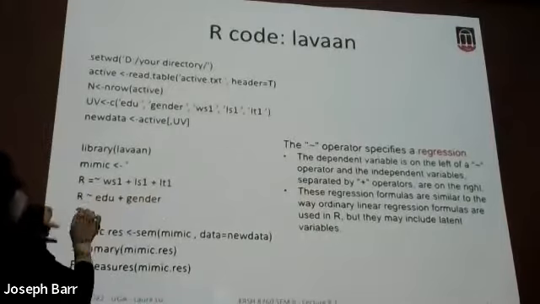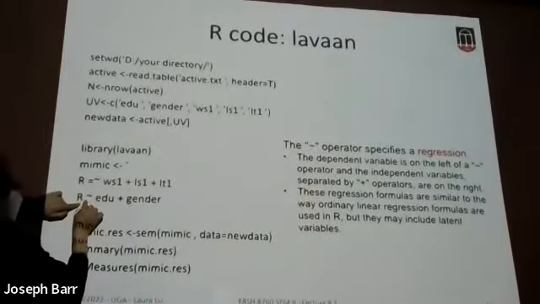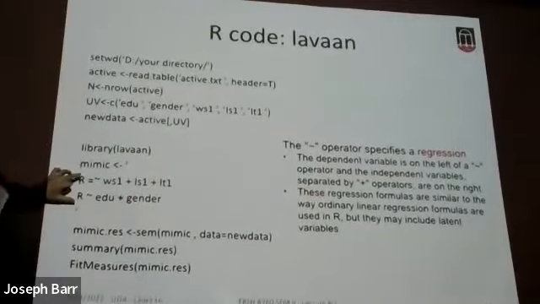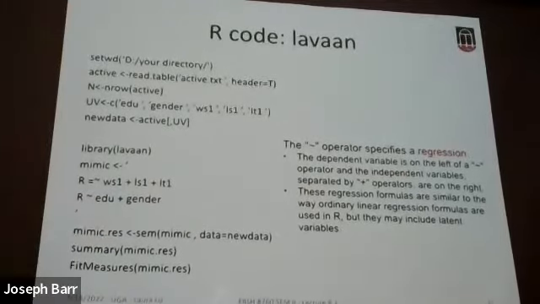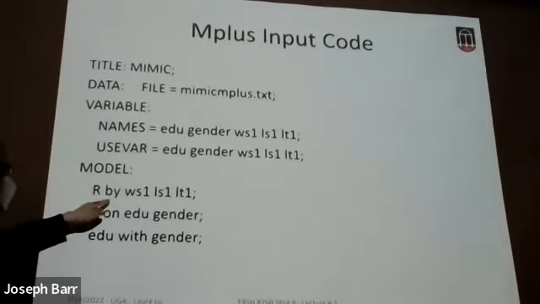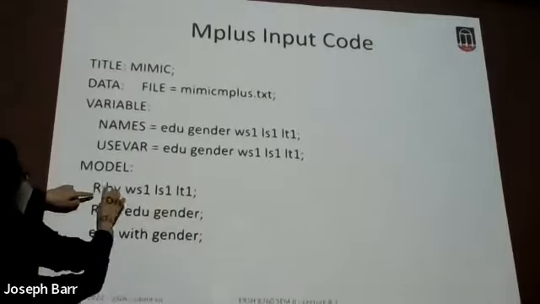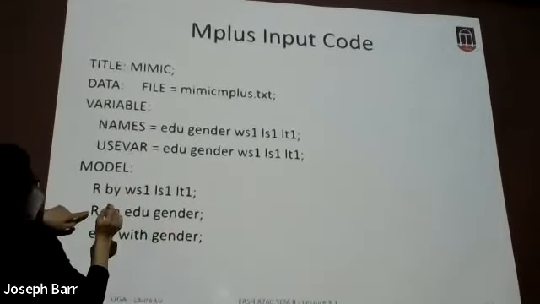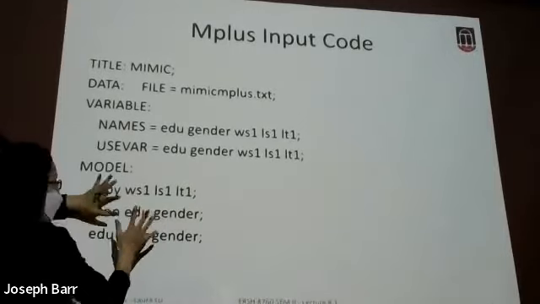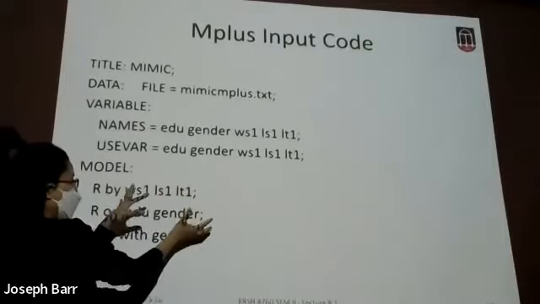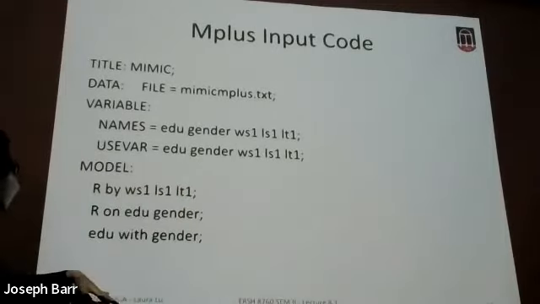And R also is regressed on EDU and the gender. So that's it. This is actually the same as the Mplus code here. R by these three. In lavaan we use equal tilde. R on EDU gender. In lavaan we use tilde. Okay? It's quite the same. But in R we have to use plus to connect these dependent variables. But what about that third line, the EDU with gender?